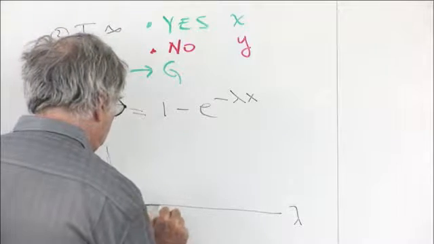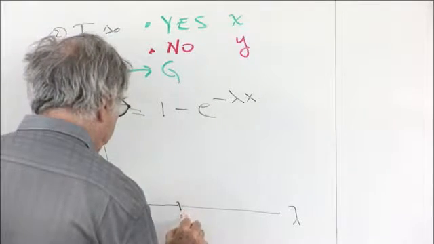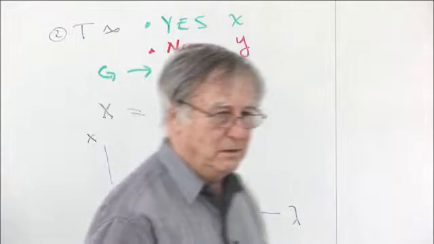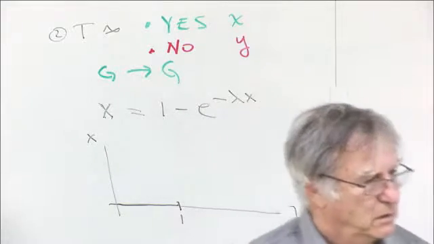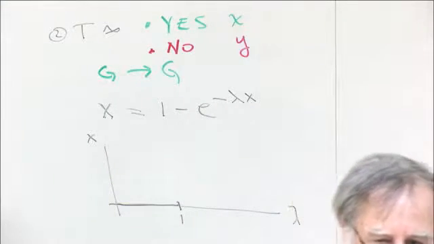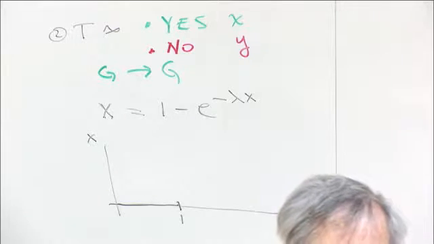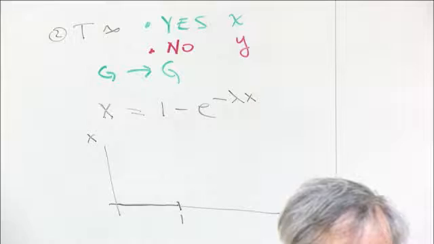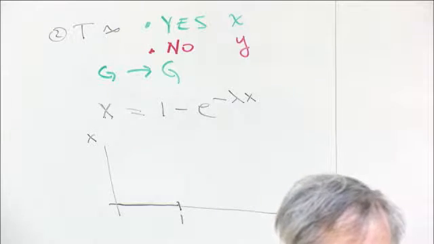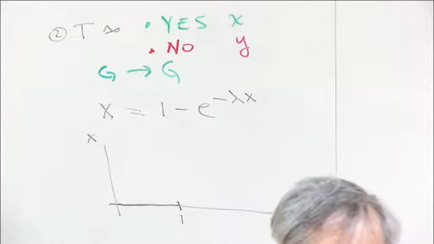The function is not smooth. Well, it's continuous, but it's not differentiable. When you solve the equation at lambda equals 1, for lambda less than 1, the solution is 0.